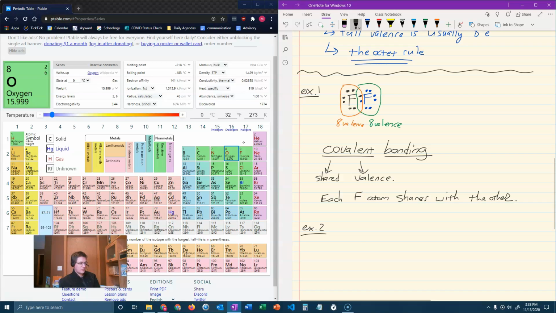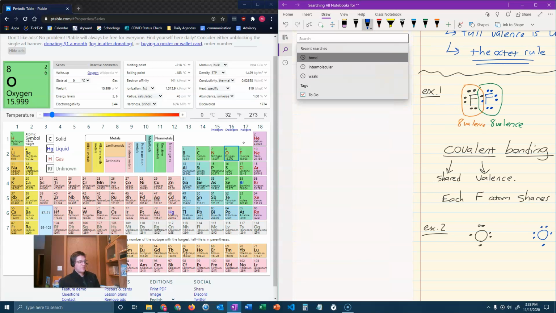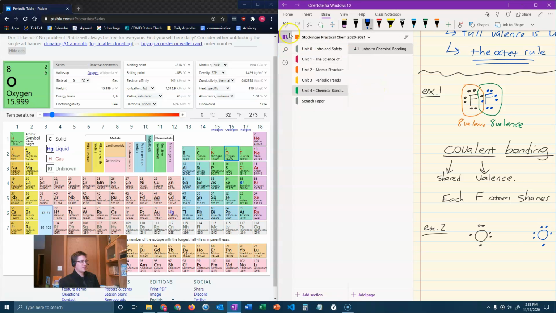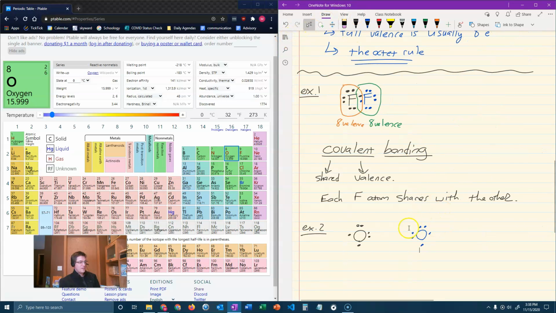So here's one oxygen atom. 1, 2, 3, 4, 5, 6. And here's another oxygen atom. 1, 2, 3, 4, 5, 6. And again, I'm going to play that game. I'm going to bring them close together. And we're going to see how if they share, they will each have 8. But now they're each sharing 2 with the other.